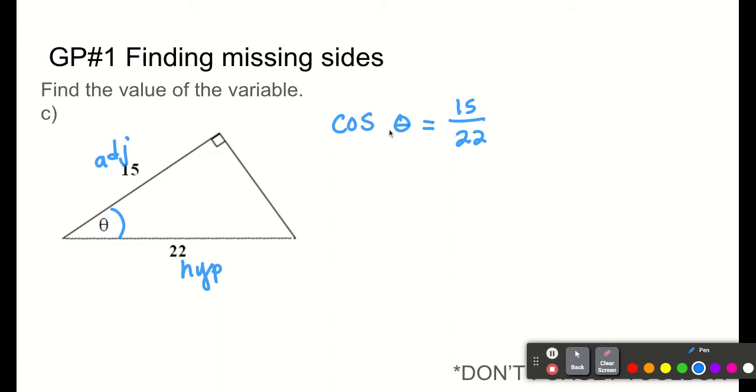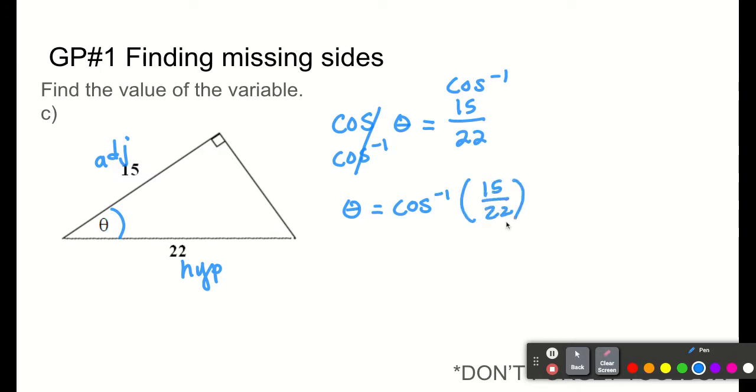We need to get rid of the cosine, so we use the cosine inverse. Make sure we always do that to both sides. That leaves us with theta is equal to the cosine inverse of 15 divided by 22. We type that into our calculators.